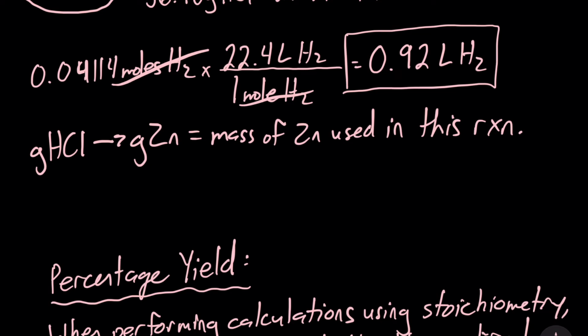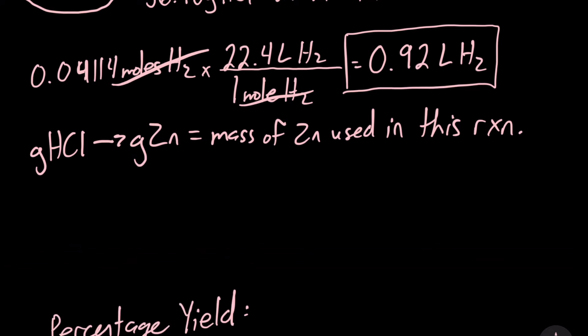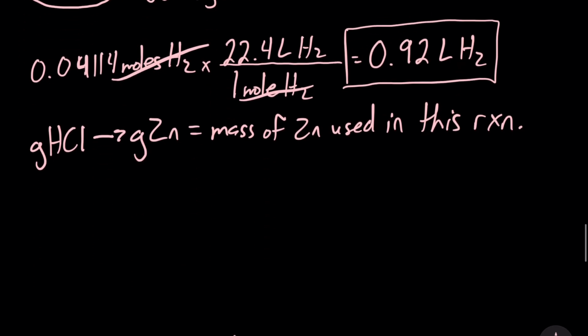Okay, so let me just make a quick space here. I'm running out of room. There we go. Maybe one more. There, that's better. So let's begin. We have 3 grams of HCl, so our original amount of HCl, and we're going to eventually end up at grams of zinc.